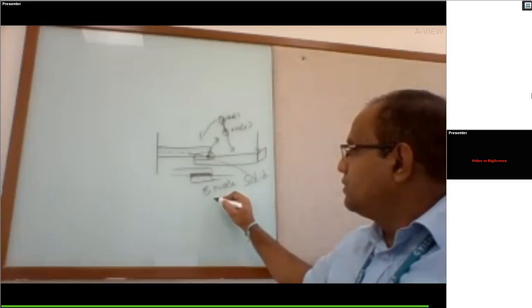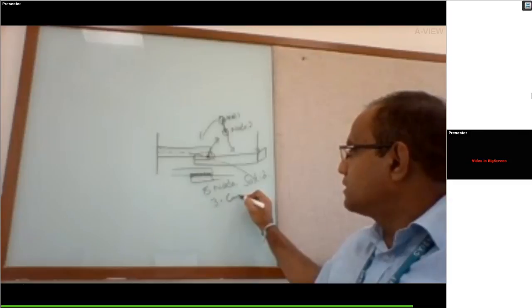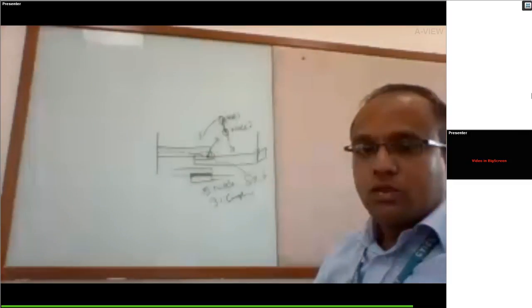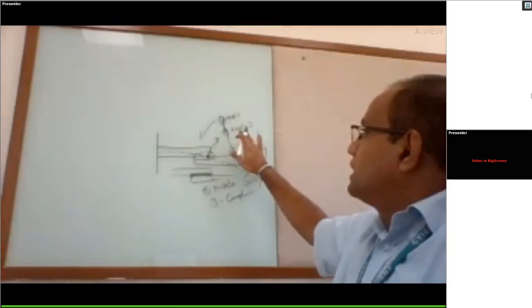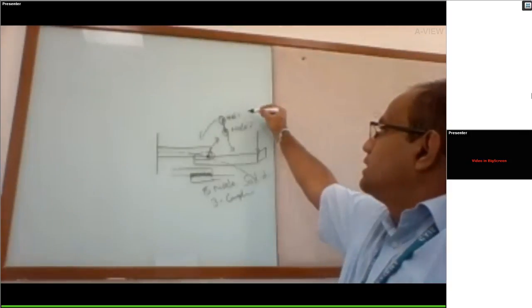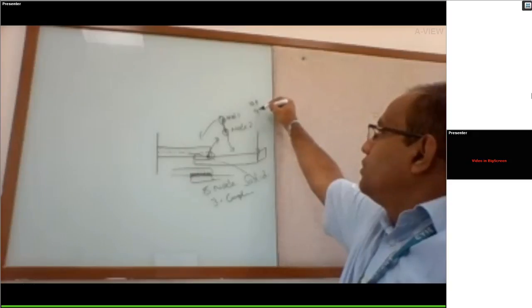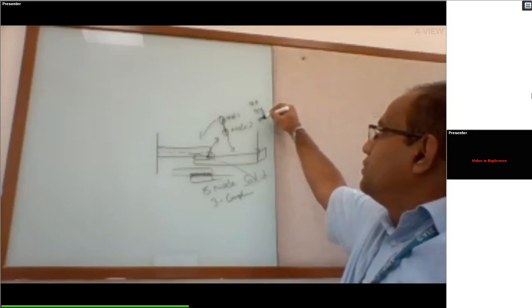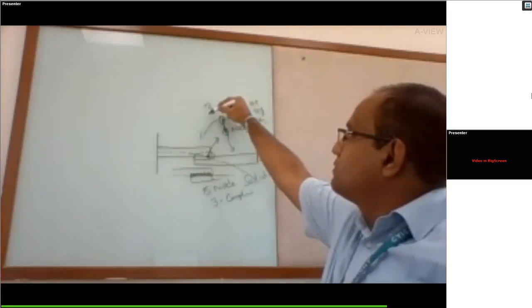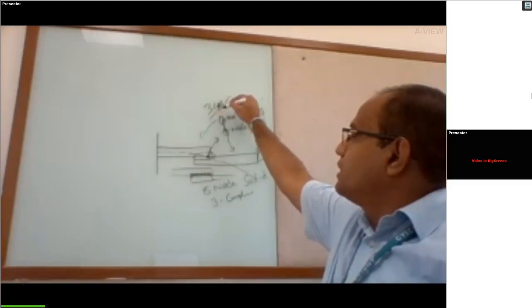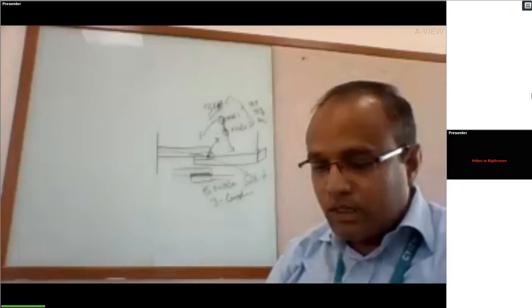Each direction needs one coupling, so we need to use 3 couplings in 3 directions. One coupling can be given only in one direction. Suppose you want to establish a relation in 3 directions, UX, UY, and UZ, then you need to give 3 couplings between node 1 and node 2.